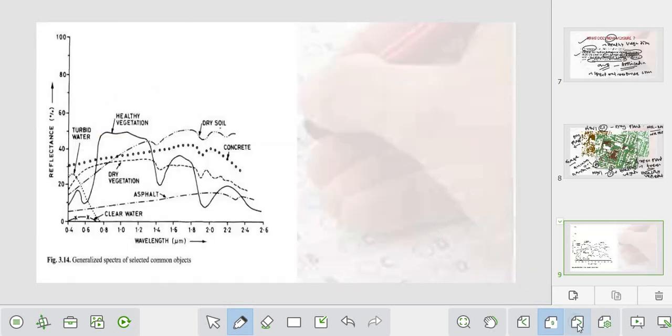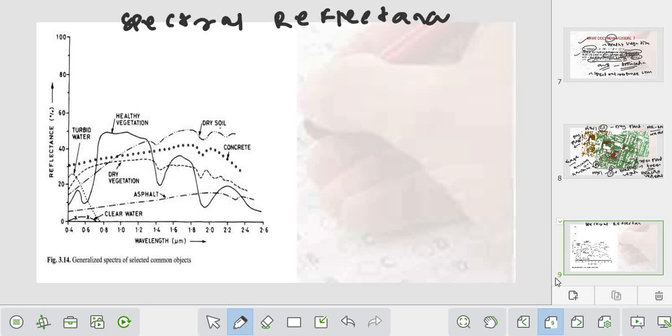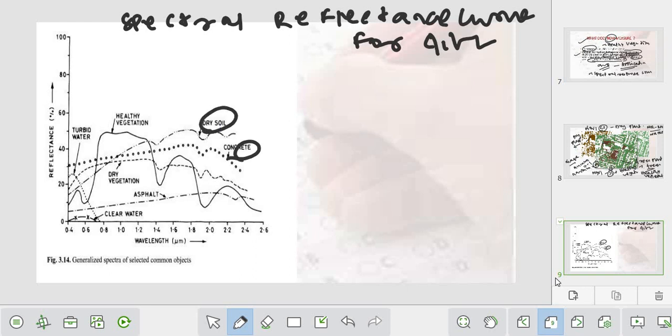Okay, so this is the spectral reflectance curve for different type of object. It is concrete, dry soil, dry vegetation and healthy vegetation. ठीक है.